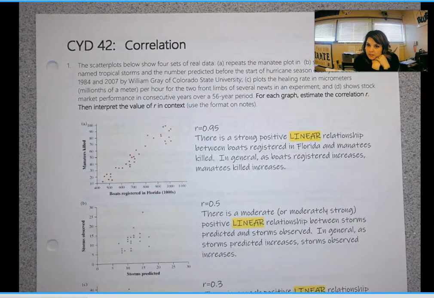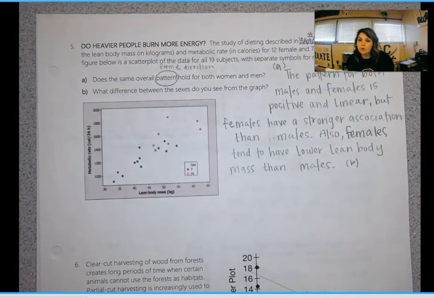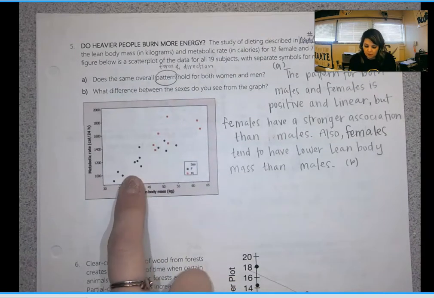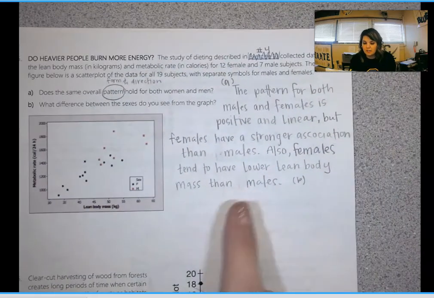Before I jump into Can You Do 42, I want to bring up a mistake that I made in Can You Do 41. If you were in class, you know about this mistake, so you can skip ahead a little bit, but if you weren't or you're one of my virtual learners, I did number 5 backward. I'm sure most of you noticed that as you were watching the video. I thought that the black dots were the males and the red dots were the females, so my response here was backward.